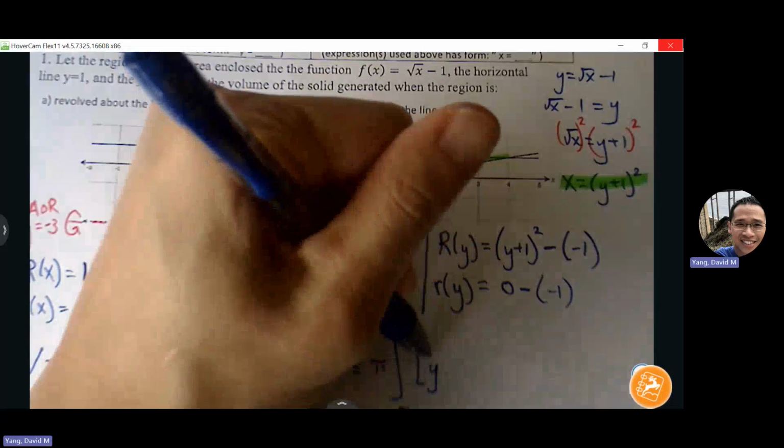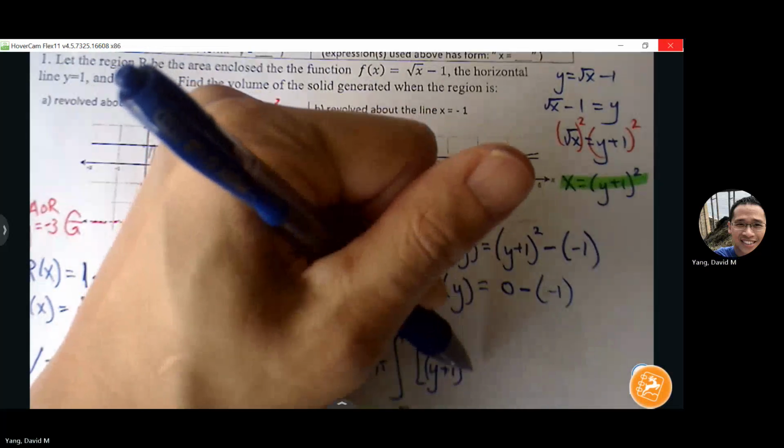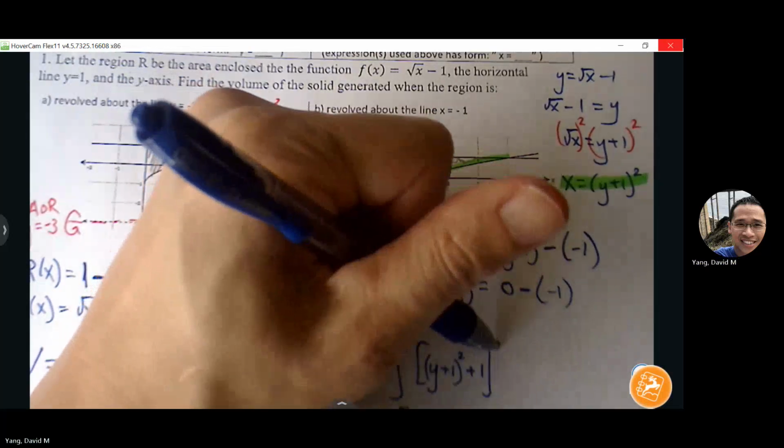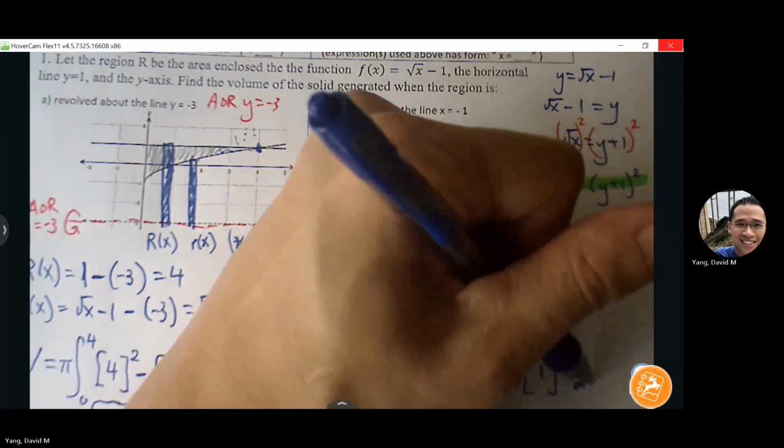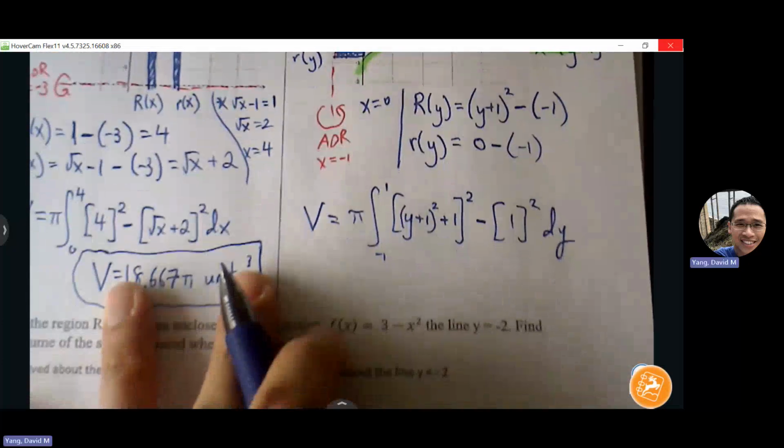Okay, here's my big radius, minus little radius. Okay, practice entering in our calculator.